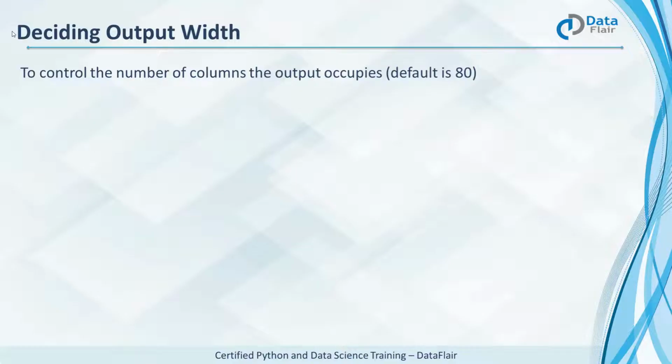Not just the depth, we can also control the output width, the number of columns occupied by the output. The default for this is 80, as you might be aware. If something cannot be squeezed into the desired width, a best effort is made. This is my list. Print it, you get the output in 1 line.